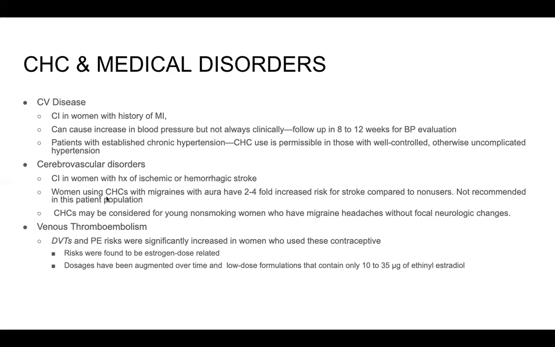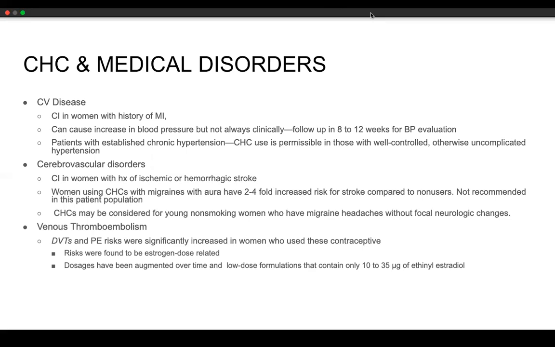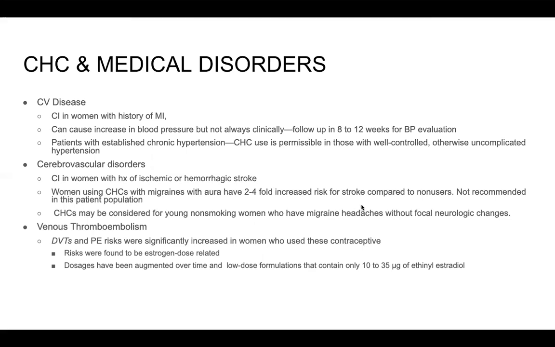And then it is contraindicated with women that have migraines with auras, because there's a 2 to 4 fold increased risk for stroke compared to non-users. But if you don't have any focal neurologic changes or auras, it can be considered for young non-smoking women.